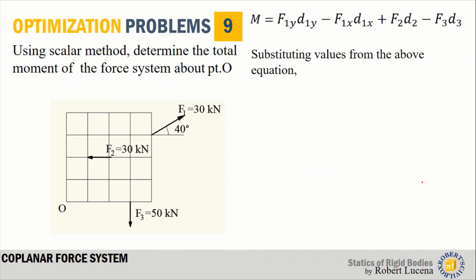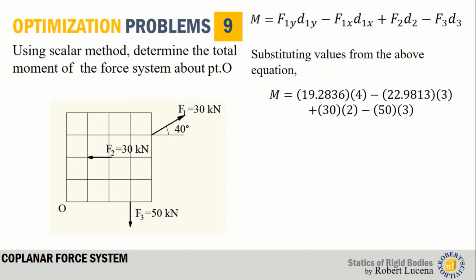Now, substituting values into the above equation, F1y is equal to 19.2836, which is simply the y component of F1, 30 sine 40, times d1y. d1y is 4 because this has 4 units and F1y is here. So the perpendicular distance of F1y is here.